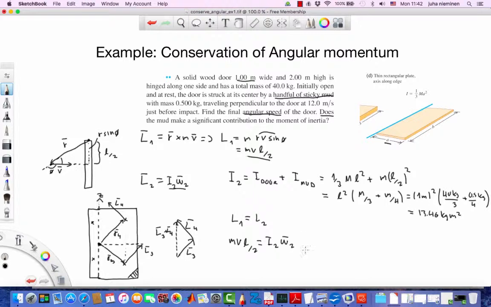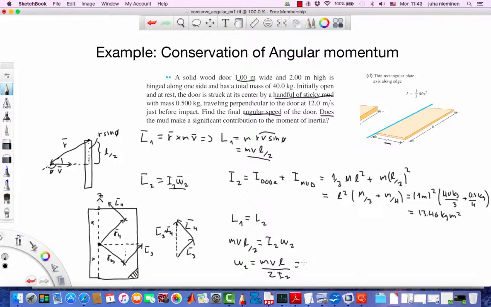And we can solve for omega. Well, that is not a vector anymore. So omega after the impact is going to be mvL divided by 2 times I2.